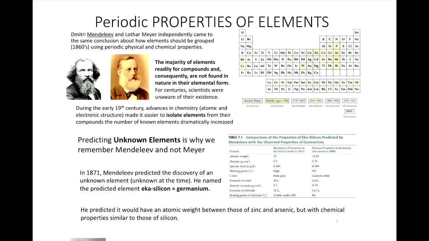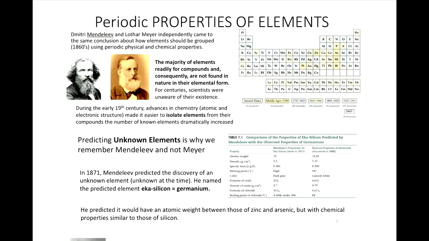But the problem is that these scientists didn't know what protons were. So it's kind of like a guess in the dark, the order of our periodic table. They had to be clever to put the periodic table in the shape and order that it is today. Historically, there were 2 different scientists involved with our modern day periodic table, Mendeleev and Meyer. But we don't typically talk about Meyer. Both of these scientists basically discovered the periodic table at the same time.